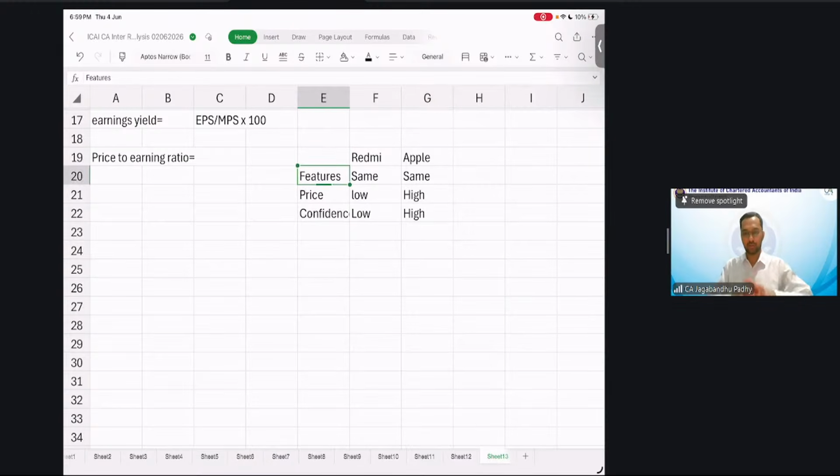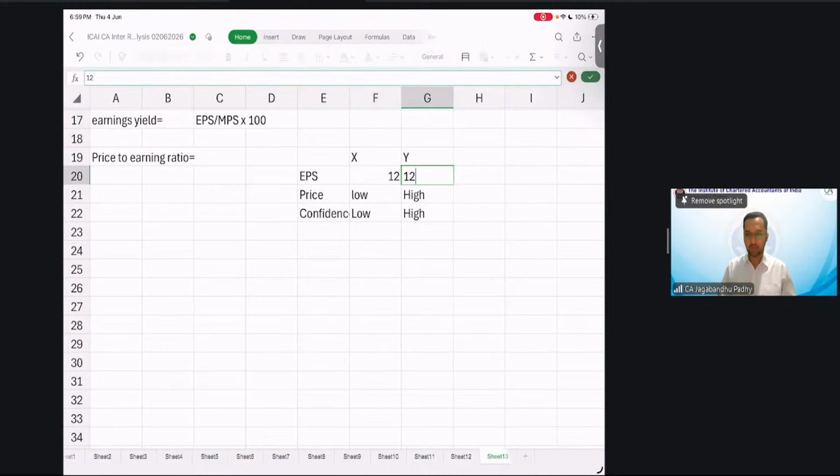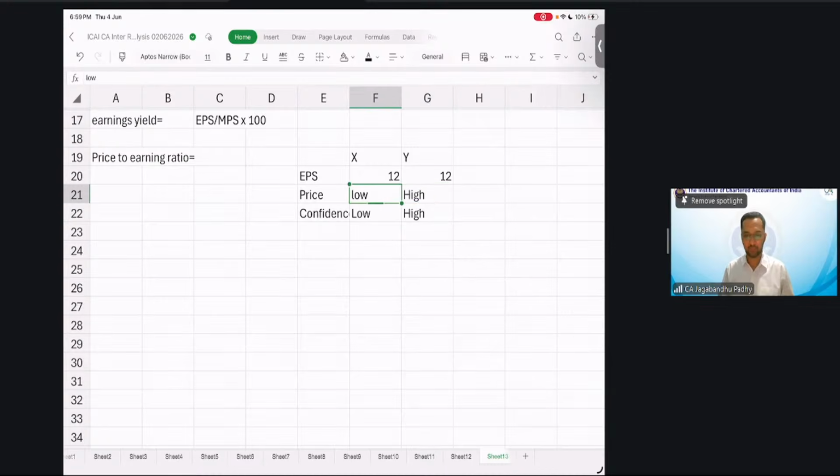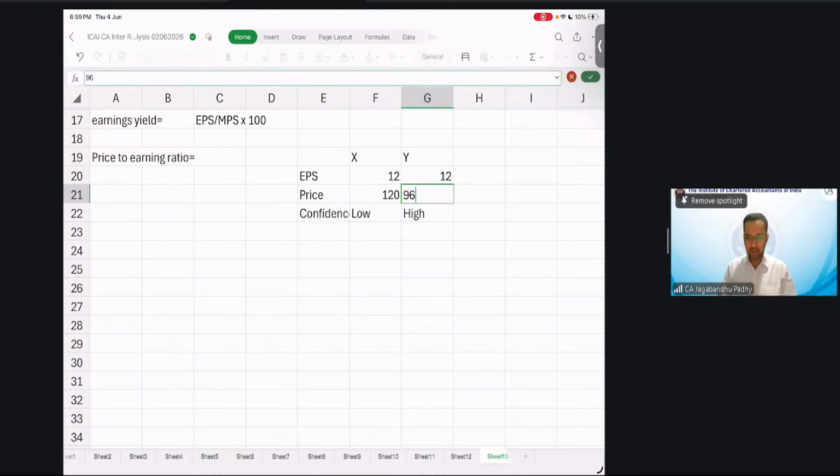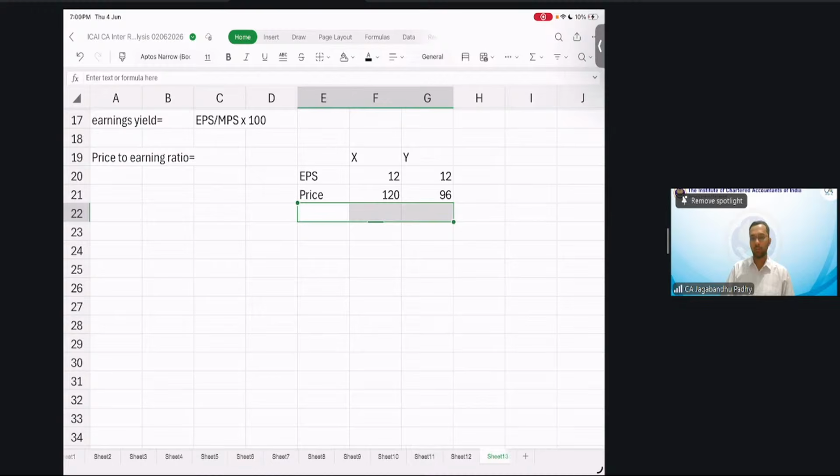Now let me just change this, and let's say two companies now, X and Y. Instead of features, I say EPS. EPS is, let's say, 12 in both cases. But company X is trading at a price of 120. Company Y is trading at a price of, let's say, 96. Now tell me, which of these two companies do you feel has a greater degree of confidence?